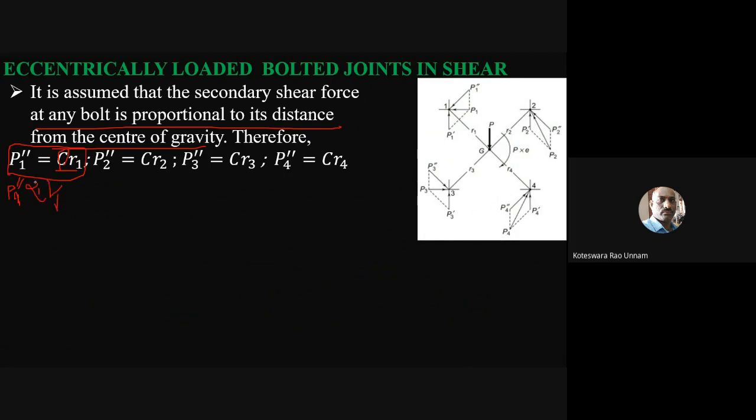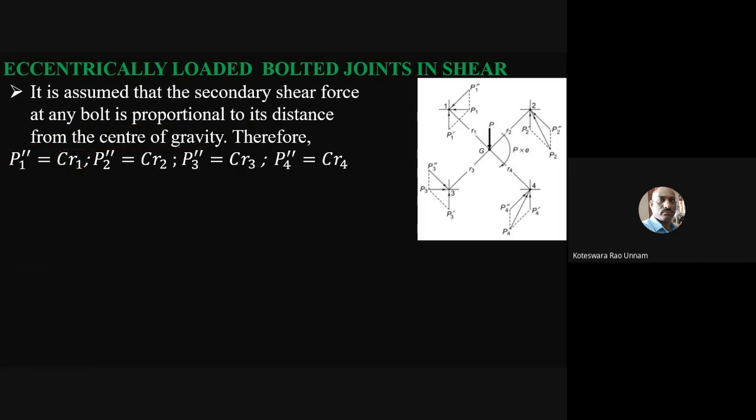If I want to write it as an equation with an equal sign, I need to replace the proportionality symbol by a constant. So I can write P1 double dash as C R1, and similarly P2 double dash is C R2, P3 double dash is equal to C R3, and P4 double dash is equal to C R4.